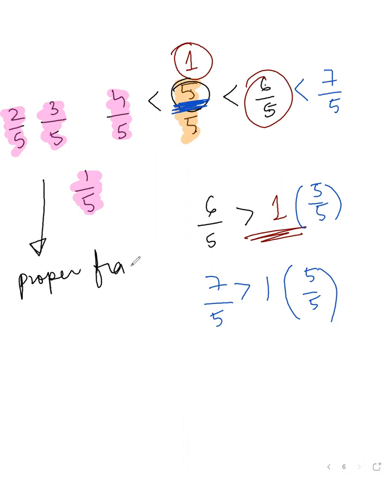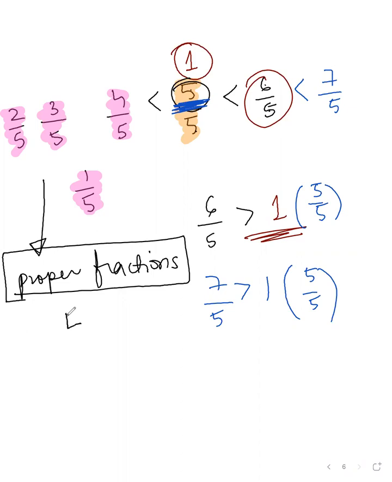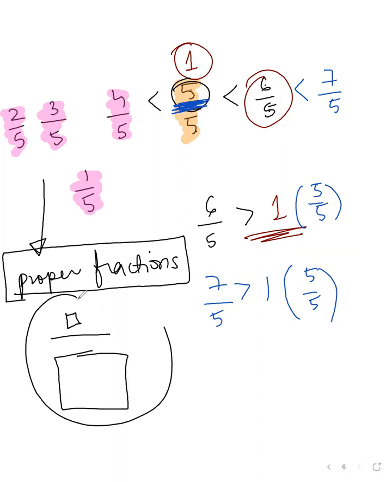And proper fractions are all less than 1. जो भी आपको fraction मिलेगा, जिसमें numerator is smaller than the denominator, इसकी value will be less than 1. समझ में आया? Yeah.